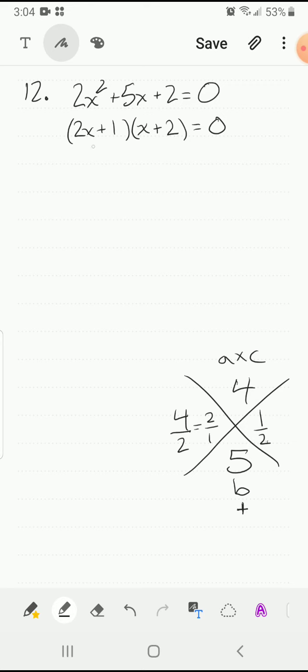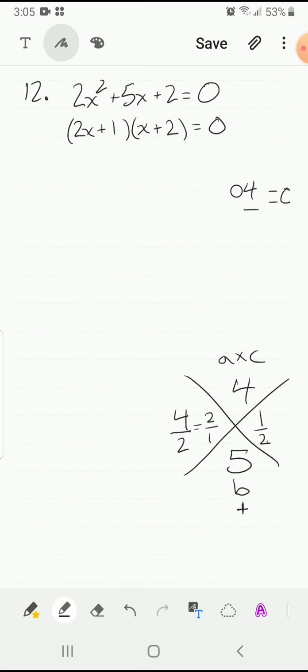So, like we were saying, either this piece here or this piece here, one of those two pieces has to be 0 in order for this to be true, right? Because if I have two numbers multiplied together and they equal 0, well, either this number is going to be 0 or this number is going to be 0.